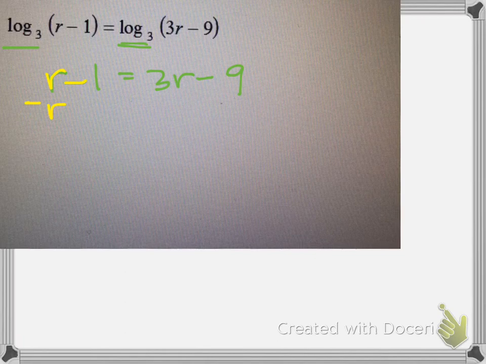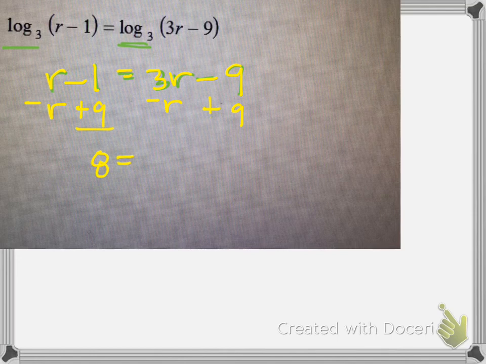So this was r minus 1 equals 3r minus 9. So I get 8 equals 2r. R is 4.